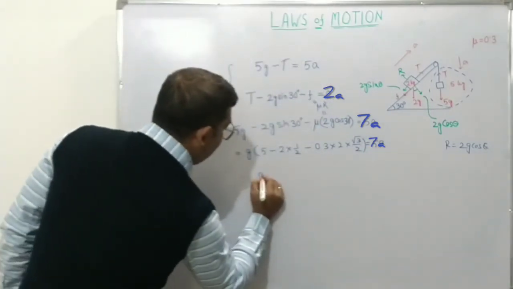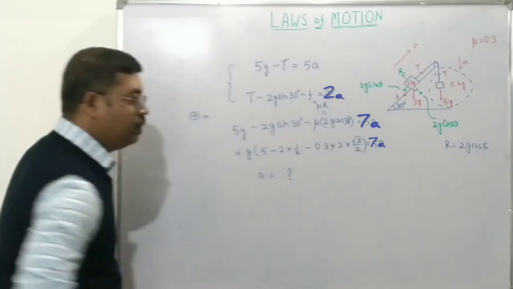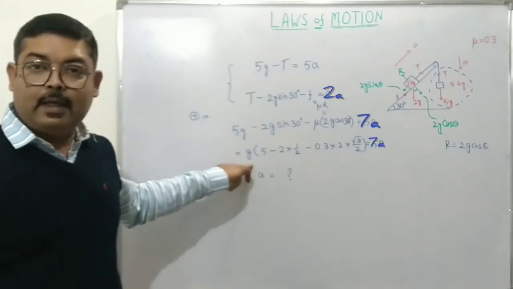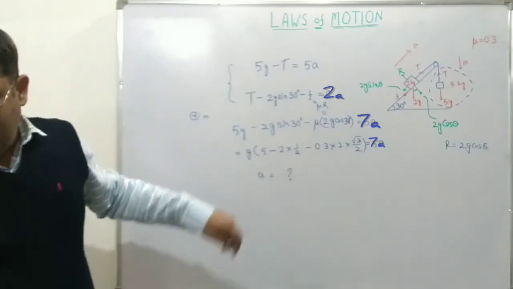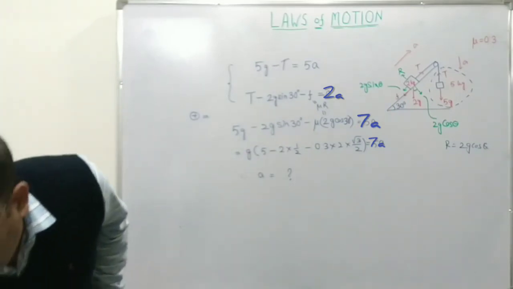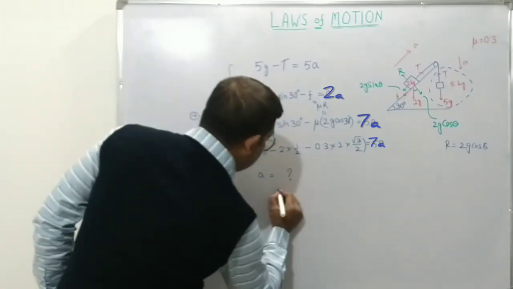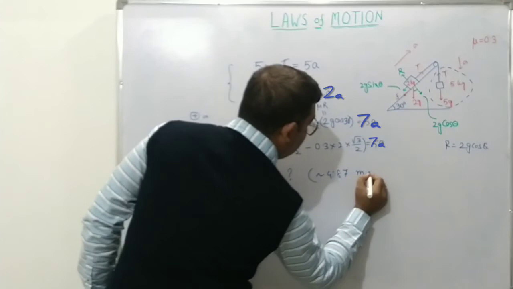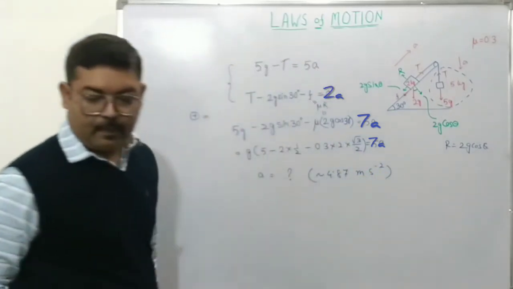Therefore, a will be equal to, solve this, substitute the value of g as 9.8 meters per second squared, and you should get approximately 4.87 meters per second squared.